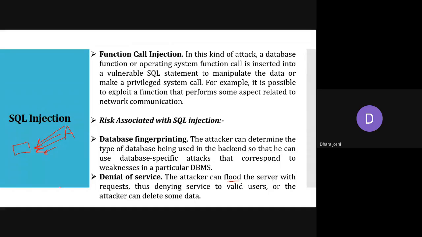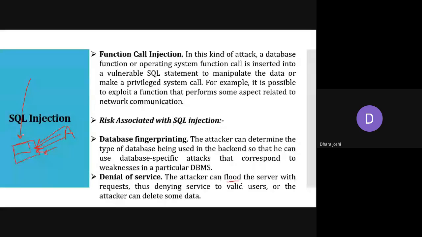Suppose in 1 second or 5 seconds there can be hundreds of requests from one particular system or one user. So the server goes down because there are multiple requests coming at the same time. So when some genuine authenticated user tries to access the system, they also do not get proper access.